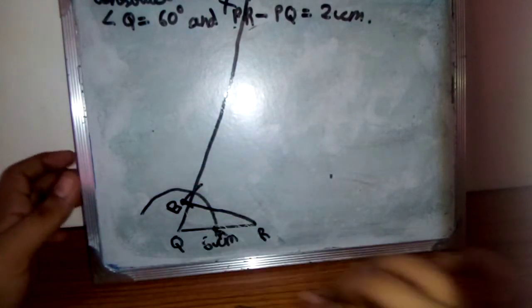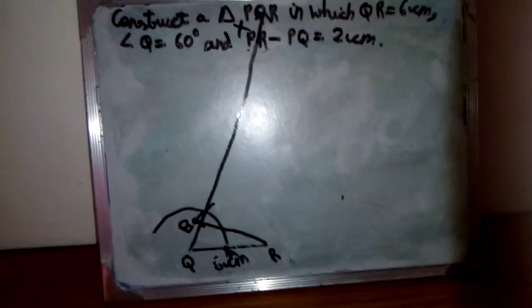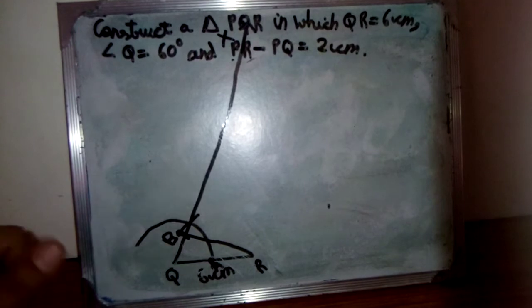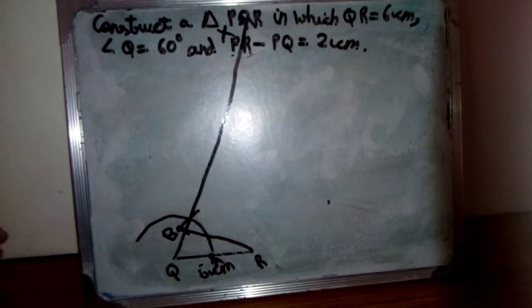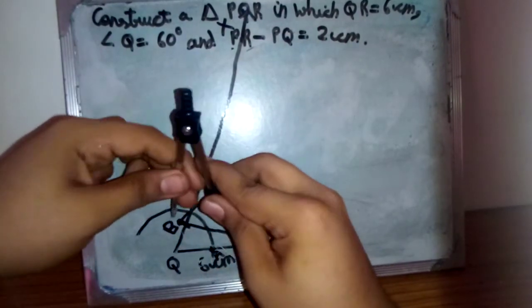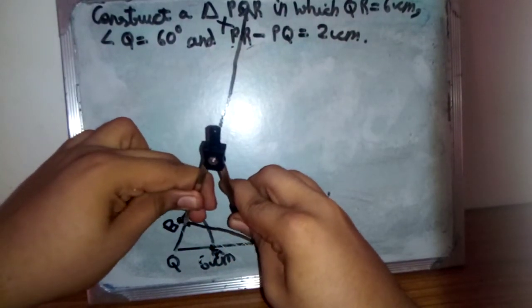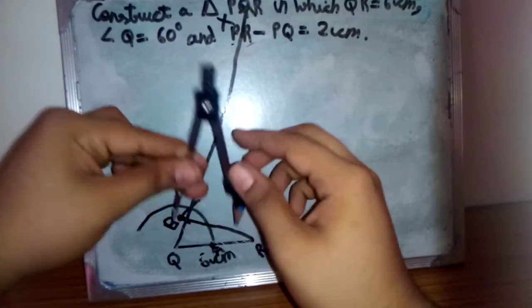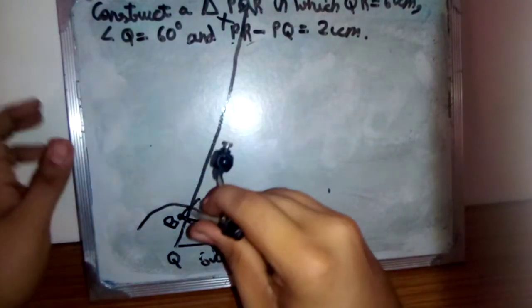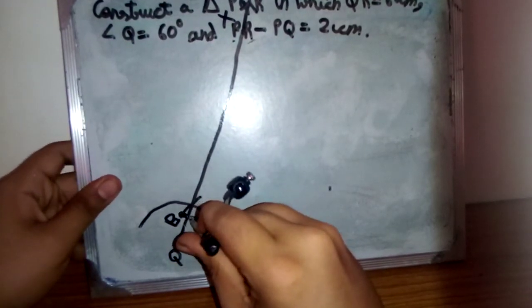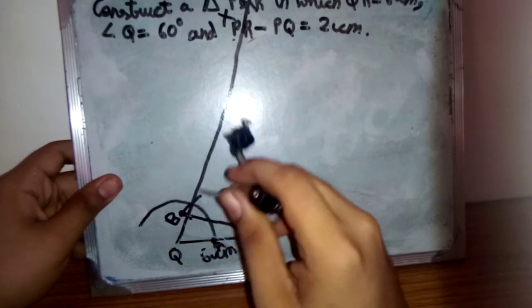Now we have to draw the perpendicular bisector of BR. Take your compass, and the radius should be more than half BR. Keep your compass at point B and make an arc in the upward direction.